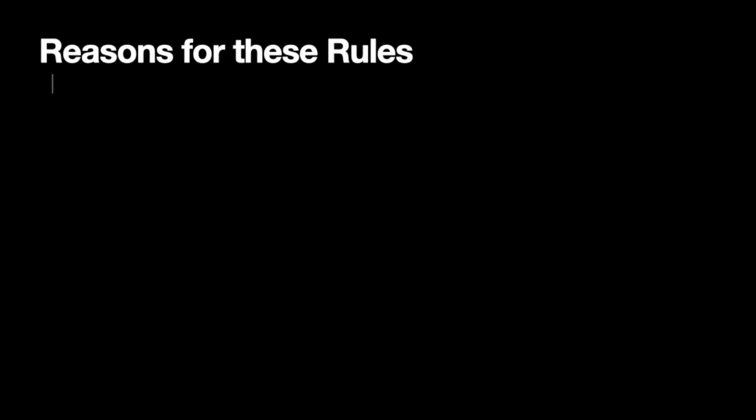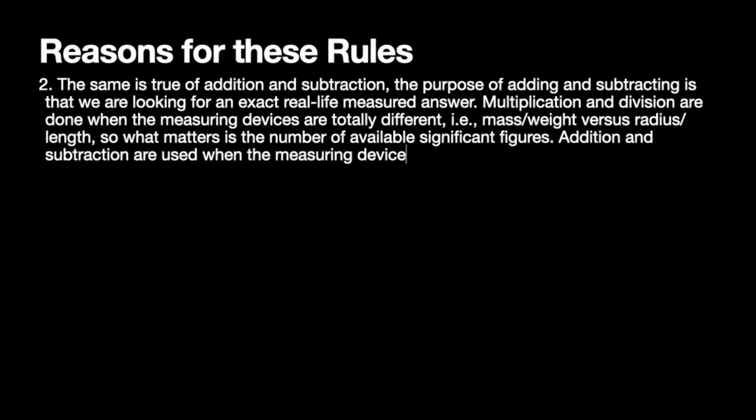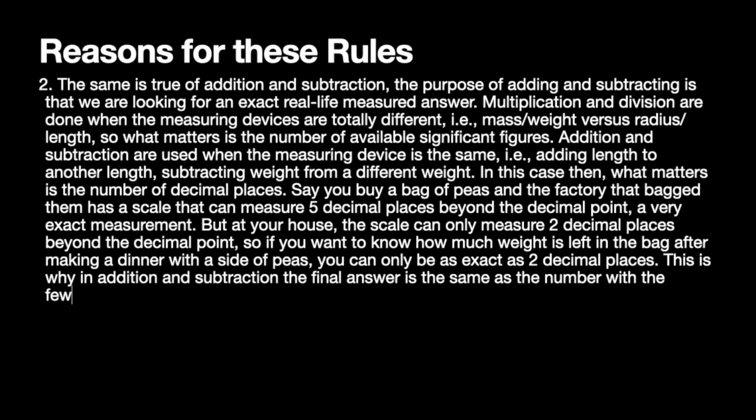2. The same is true of addition and subtraction. The purpose of adding and subtracting is that we are looking for an exact, real-life measured answer. Multiplication and division are done when the measuring devices are totally different, i.e., mass, weight, versus radius, length.